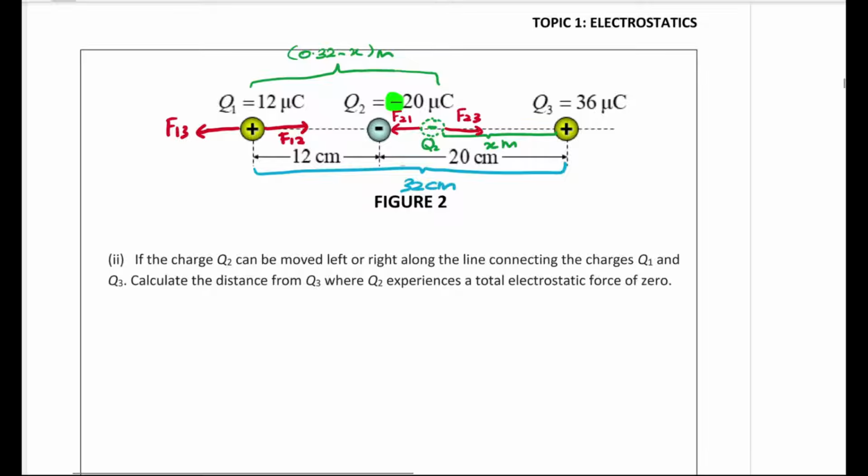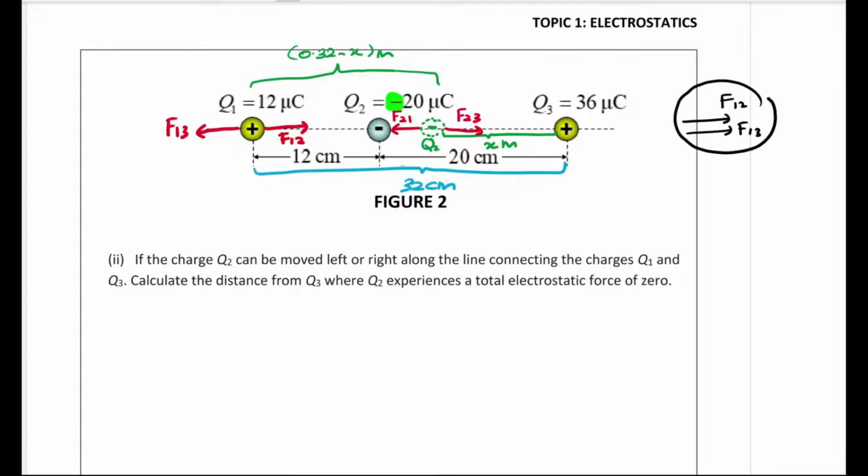Okay. So in order to get the total force equal to 0, you must make sure that the two forces are opposite direction. Baru logik untuk dia dapat total force equal to 0. Kalau dia same direction, tak logik lah. Contoh, F12, F13.